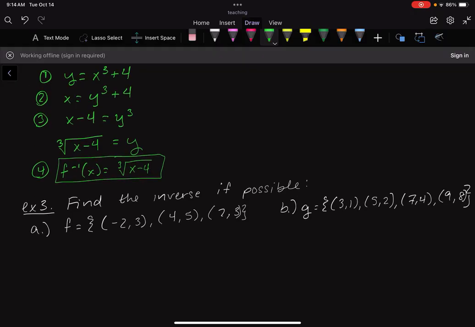So when we say if it's possible, we want to check if it's one-to-one first. If I look at our first one, the f function, you see how I have two of the same y values? This is not one-to-one.